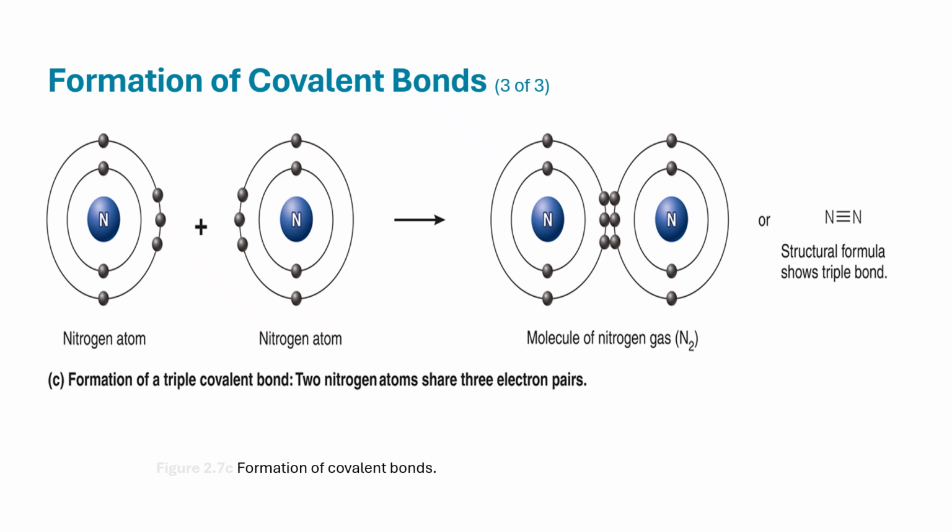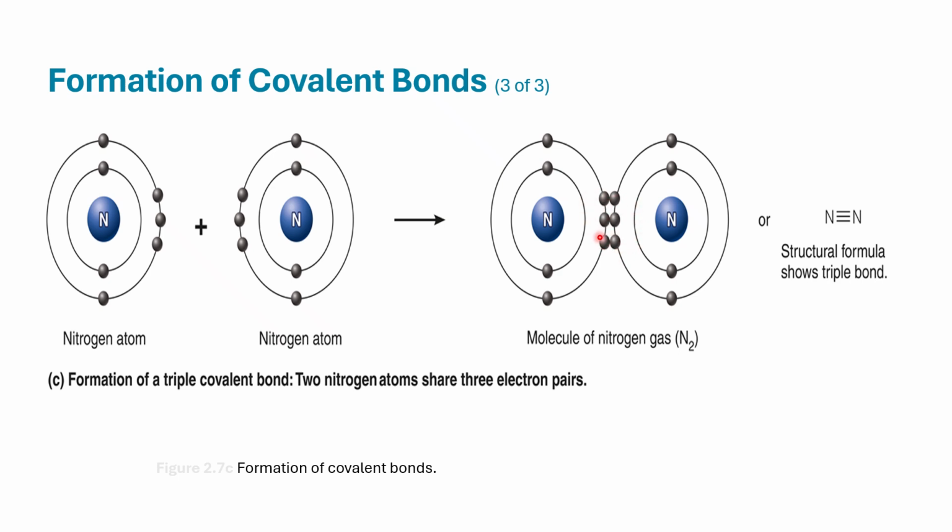You can also form a triple bond. For instance, nitrogen. Nitrogen has 1, 2, 3, 4, 5 electrons in its outer shell. And if you get 2 nitrogens together, they can share 3 each. So that gives 3, 4, 5, and then the other 3 is 8.